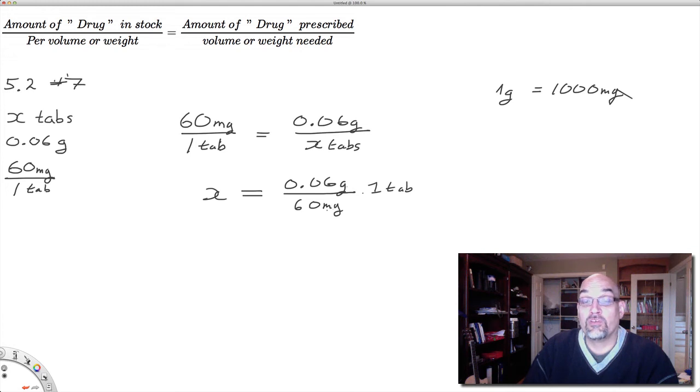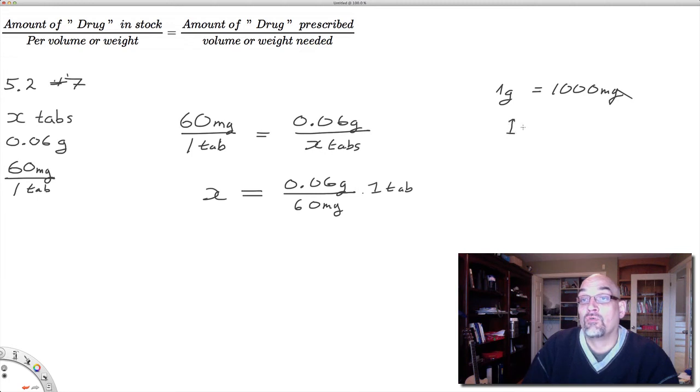So what I want is to convert grams to milligrams. So I'm going to do cross multiplication with this, and then move this 1 over here. Essentially what I'm going to do is divide both sides by 1 gram.